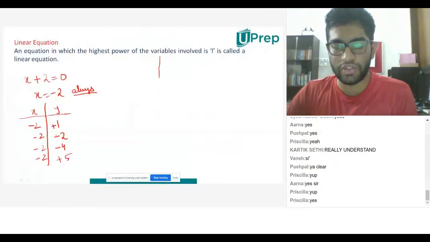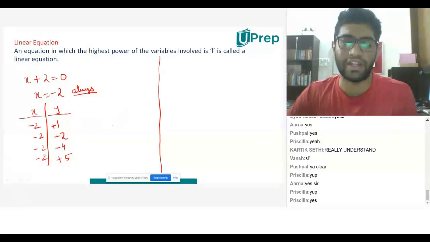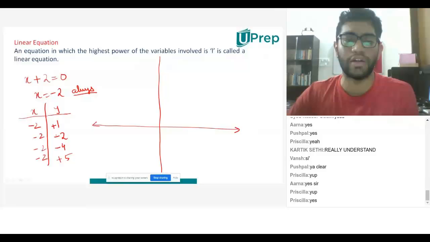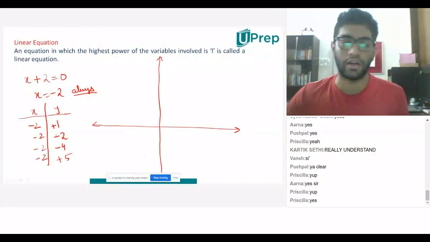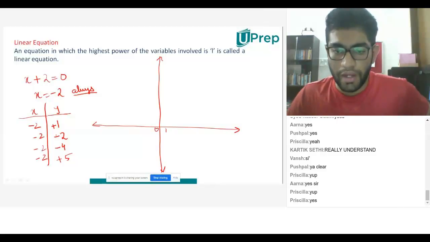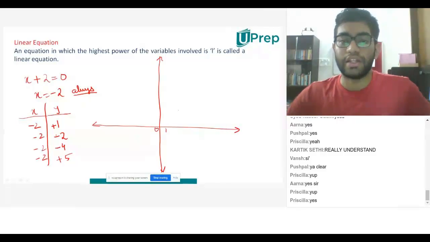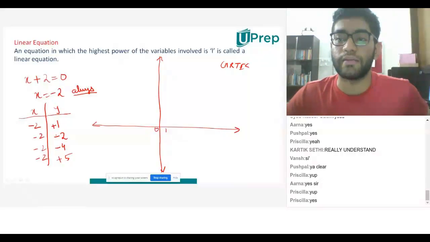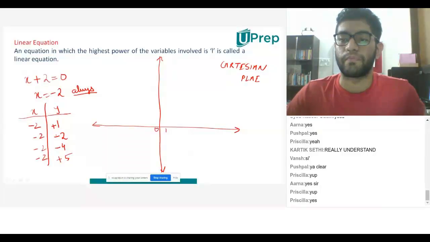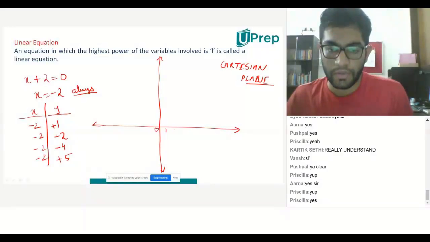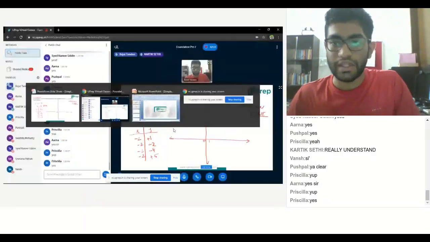Let me again draw this. This is called the Cartesian plane. It is just for you to know. There's no one who's going to ask you what kind of a plane this is, but it's always better to know something more. It is called a Cartesian plane. Okay, guys?